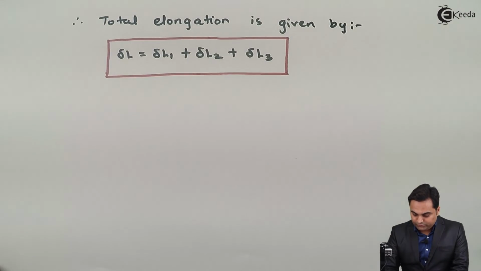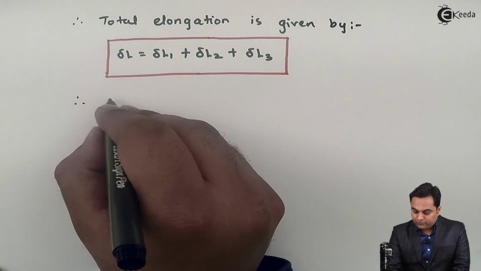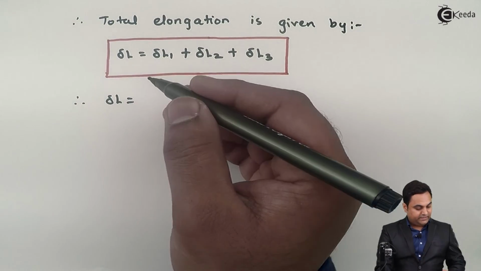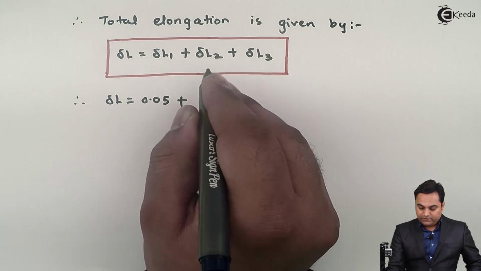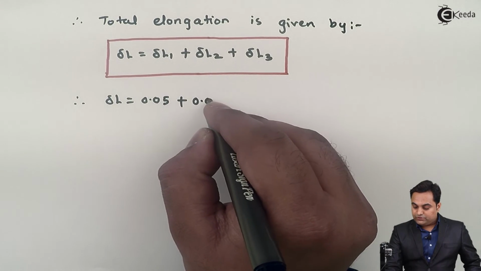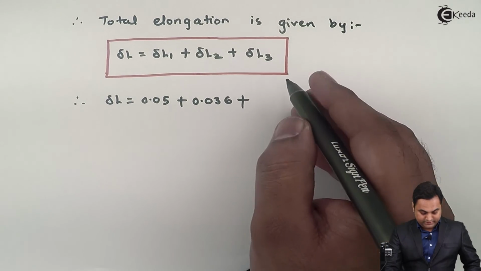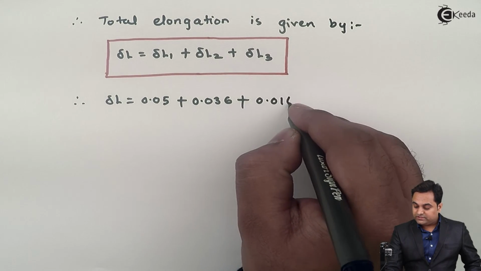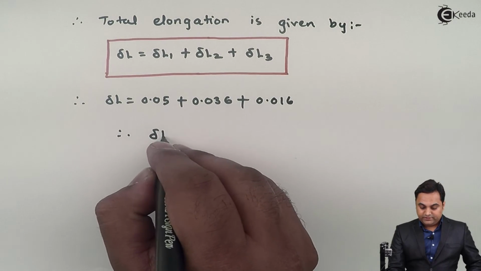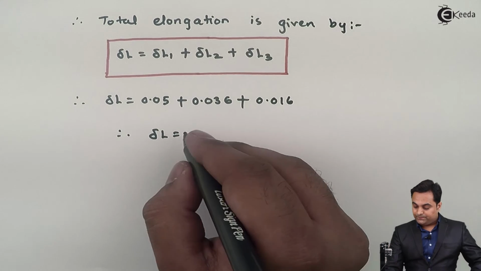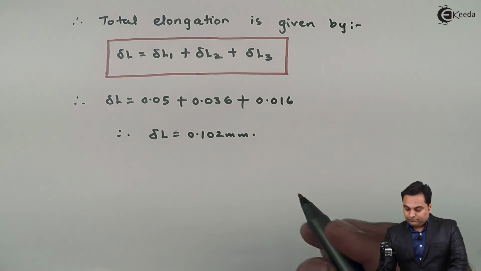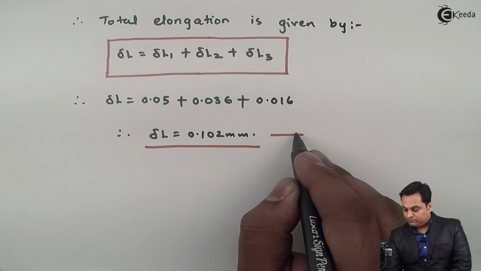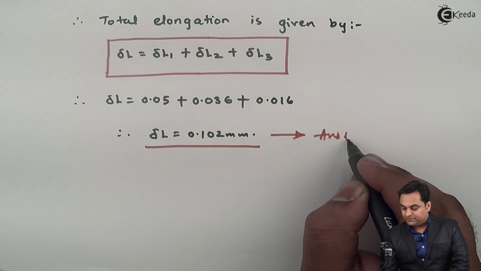So here I'll get the total elongation. Delta L is equal to delta L1 0.05 mm, delta L2 0.036 mm, delta L3 0.016 mm. After adding this, I'll get the answer as 0.102 mm. This is my second answer.